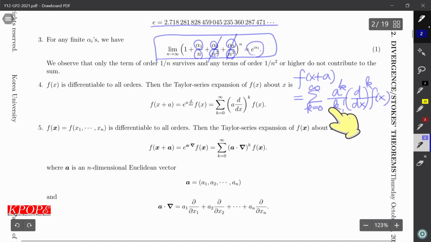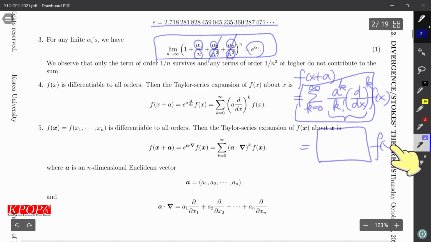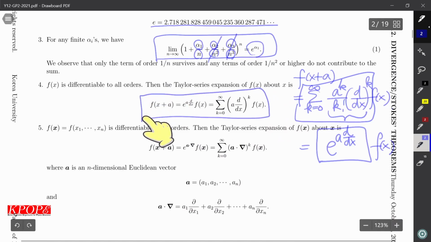So we have combined this and made it an operator acting on f of x. Then we find that it is the exponential of this operator. So this is nothing but a Taylor series expansion of a differentiable function.